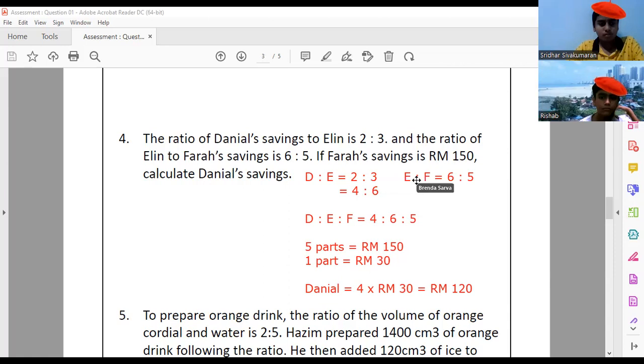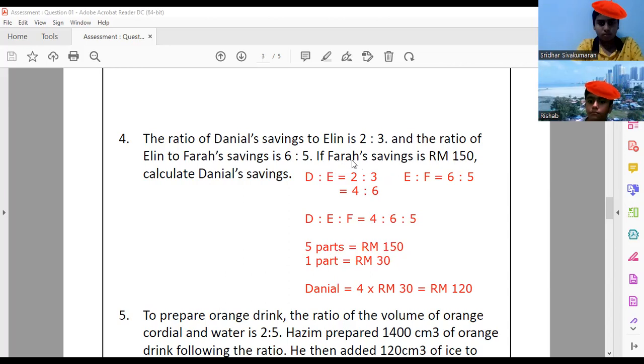Earlier it was 2 to 3, and this is 6 to 5. But 3 to 6, you got to make this 3 become a 6 here, because Eileen has to be same. So this has to double up. So 2 becomes 4, 3 becomes 6. Copy the same ratio over here into all 3. So Daniel to Eileen to Farah is 4 to 6 to 5.